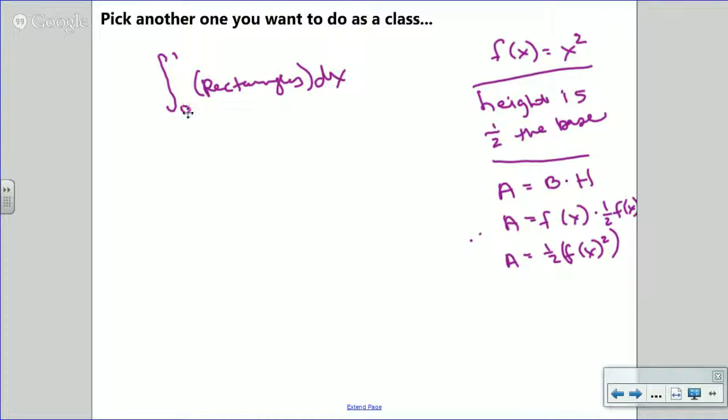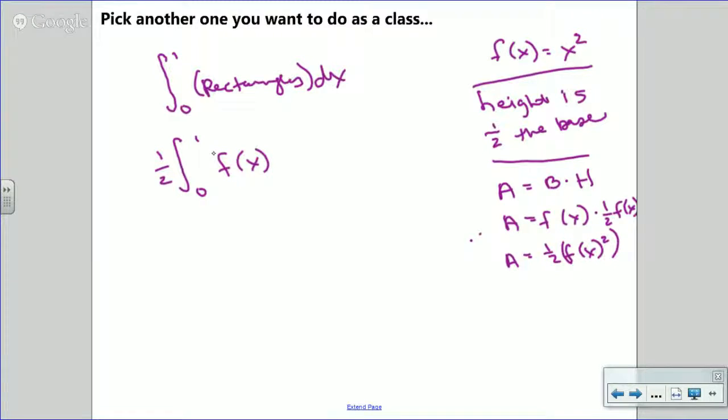Okay, all right, so let's come back to our integral. So I want to sum up a whole bunch of rectangles from 0 to 1. And now I know that the area is going to take this form here. So I'm just going to plug that in for my rectangle formula. Again, I like to pull out the coefficient of 1/2.